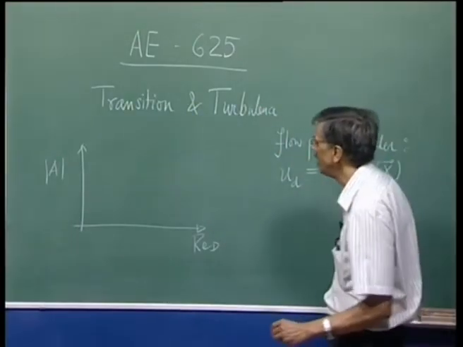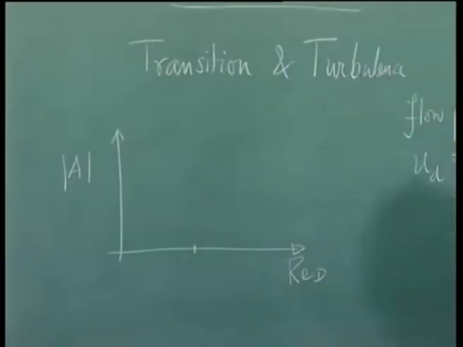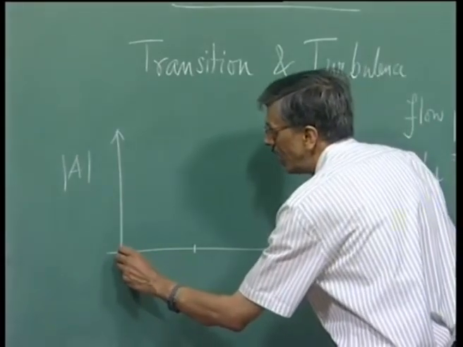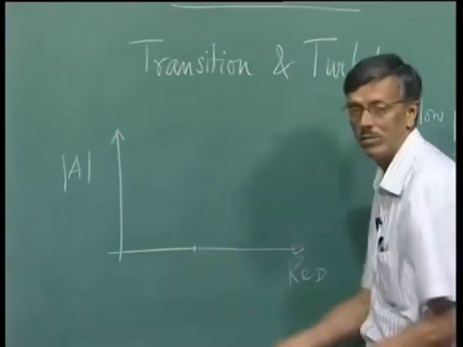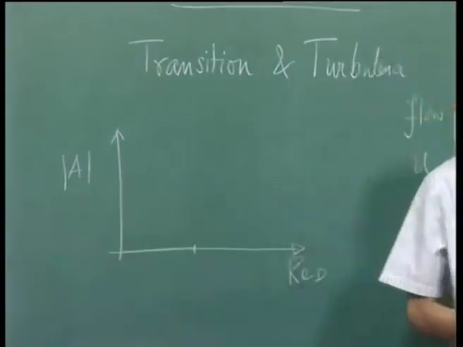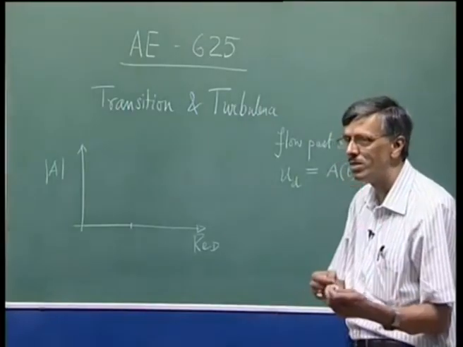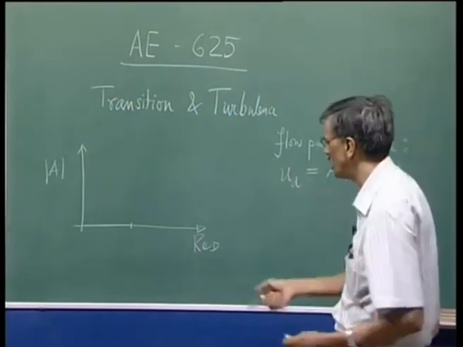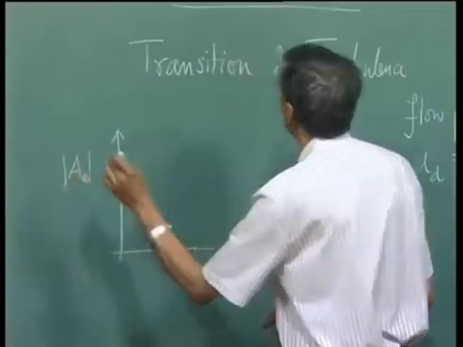What we find is that up to some Reynolds number, the flow remains laminar. That means this amplitude does not vary. So, even if you create some disturbance, that disturbance will eventually decay. So, this is something like your equilibrium flow. What do we mean by this?